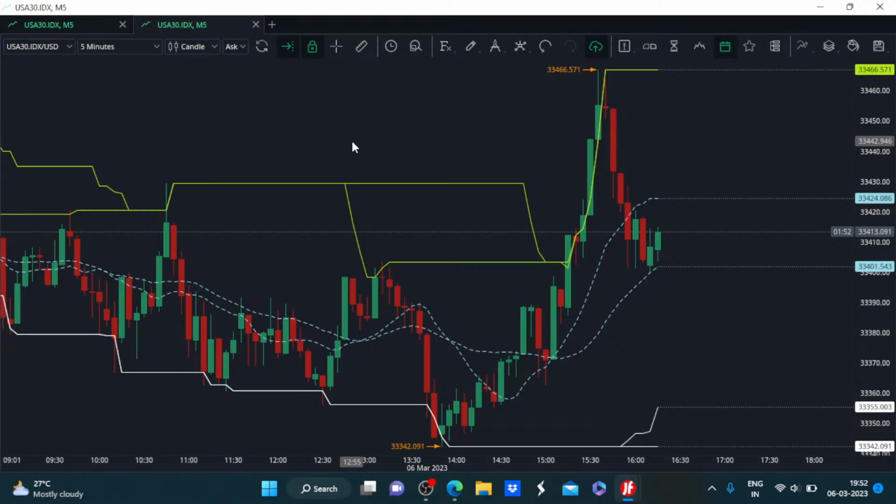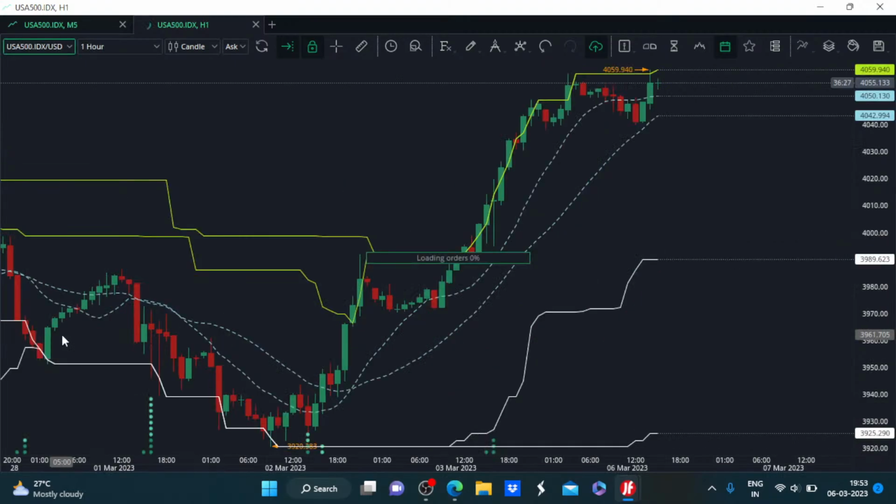But nonetheless, given these higher levels have already been reached, we can even go for a scalping kind of trading strategy. Now we have to see if the S&P 500 is trading on the bullish side, or if we have better opportunities for us in S&P 500 and Nasdaq.